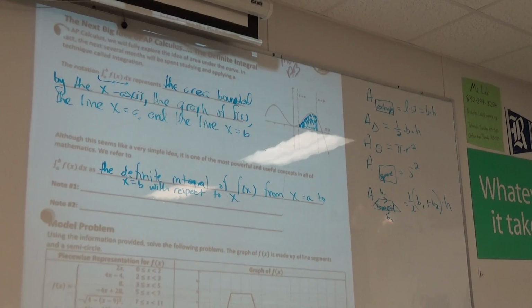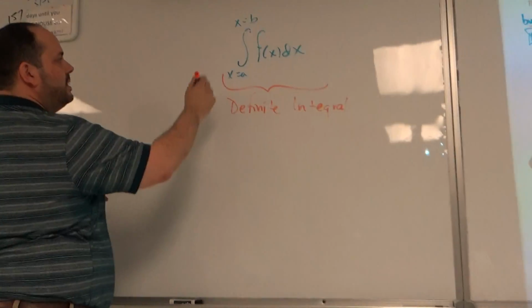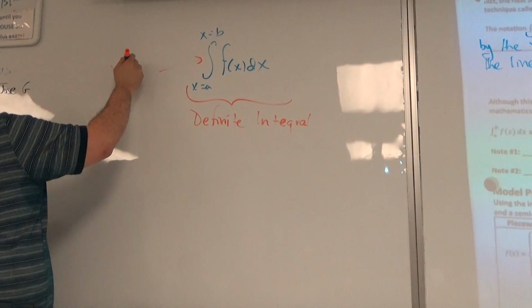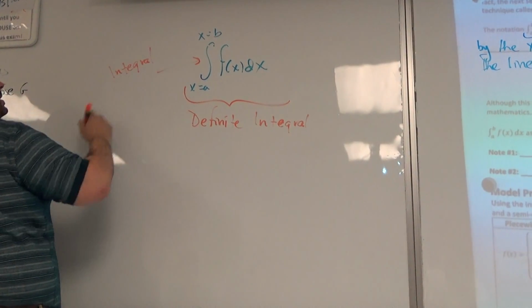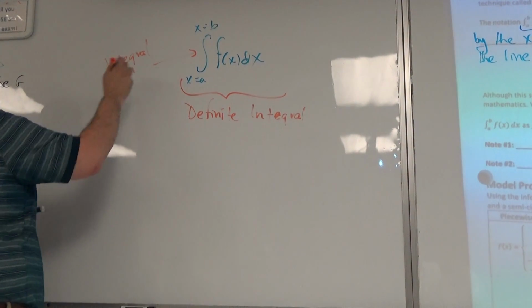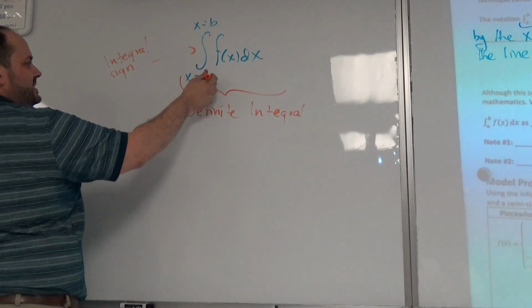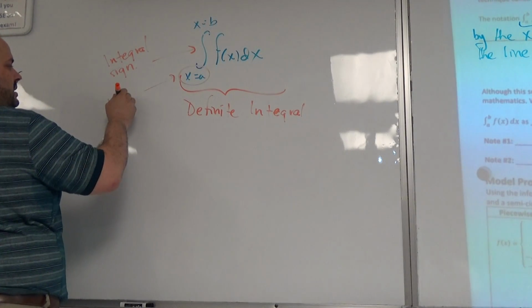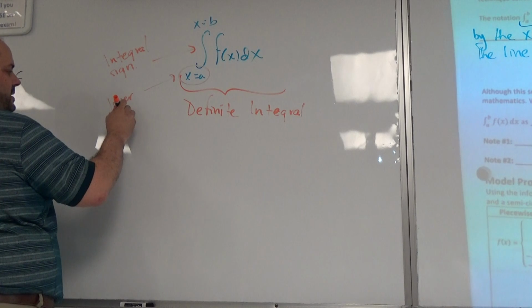Here come the different pieces, though. Going from x equals a to x equals b. This symbol over here, which is my favorite math symbol, is called the integral sign. The x equals a is called your lower limit of integration.